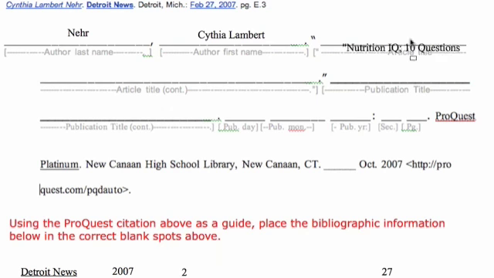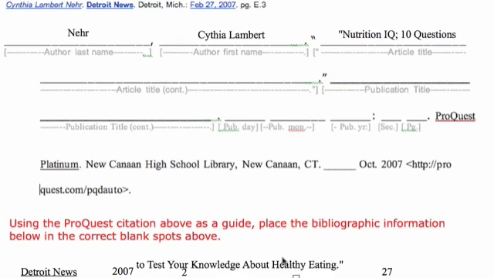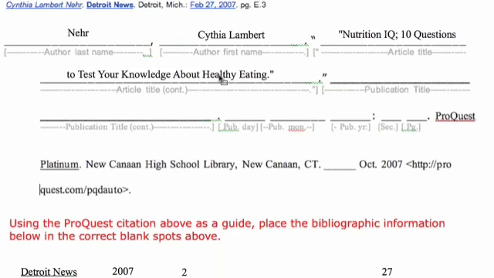The article title is Nutrition IQ, 10 Questions to Test Your Knowledge About Healthy Eating. All right. Publication title, Detroit News. Could be the New York Times. Could be Newsweek. The publication day for this article was the 27th of February. You can see that right there.